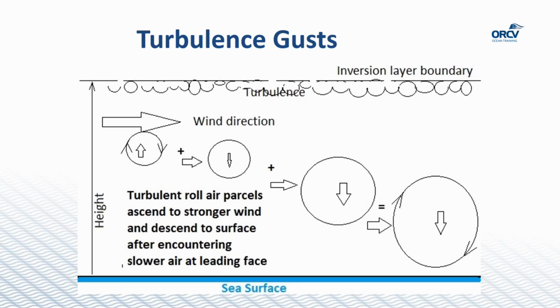This diagram indicates that the top is moving faster and it can join with another roll and add to it. So you get a progression of gusts and lulls in the one system when you've got turbulence aloft. The turbulence aloft is shown by the behavior of the clouds.